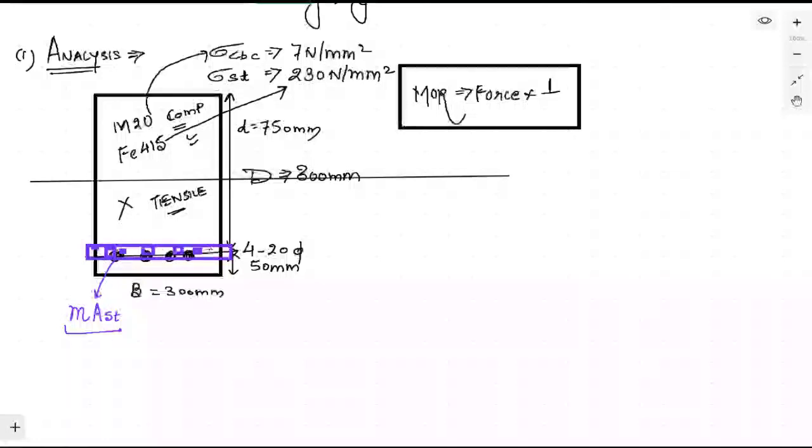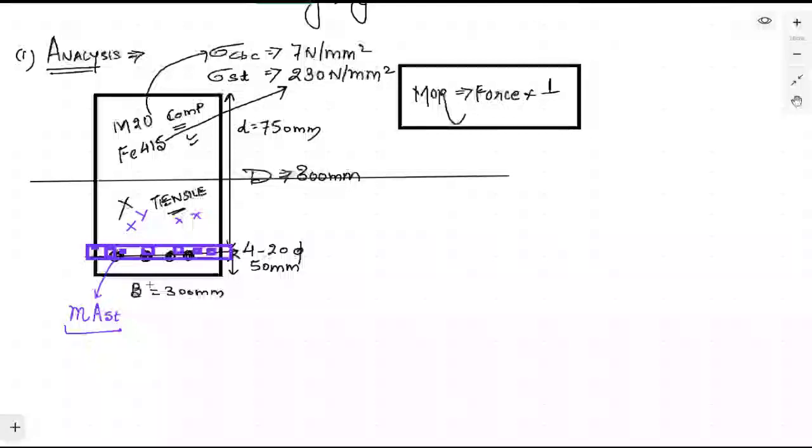Always remember that below the neutral axis you will not consider this portion of concrete, you will only consider this portion. Why? Because in this portion only the steel is present, but you are replacing that steel with concrete so that we can properly analyze.